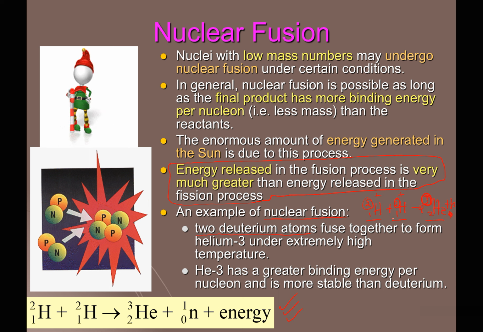That's why this only occurs at the core of the sun, where the temperature is millions of degrees Celsius and the pressure is extremely high. Such conditions at the core of the sun are hard to model on the Earth's surface.